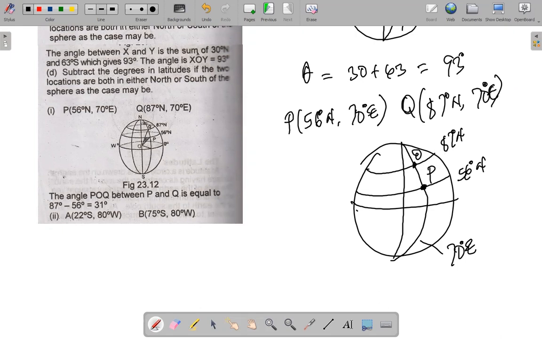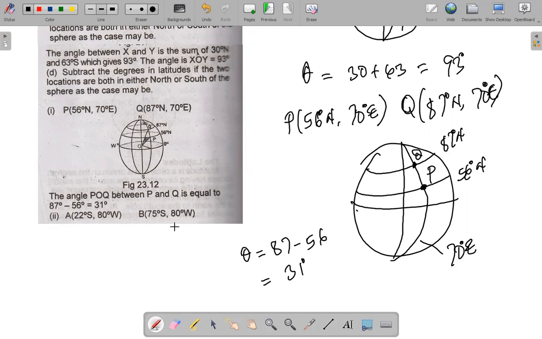This is point Q. So now we have the latitudes on the same side, on the same hemisphere. Therefore, the angle between them will be 87 minus 56, which is 31 degrees.